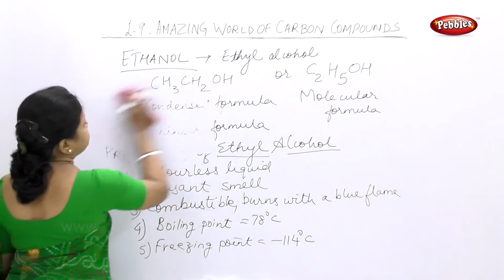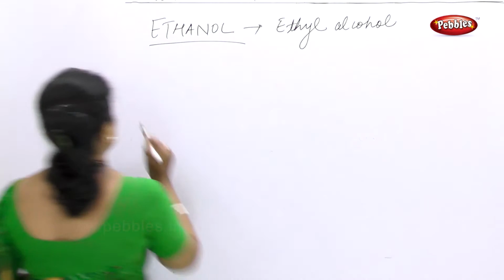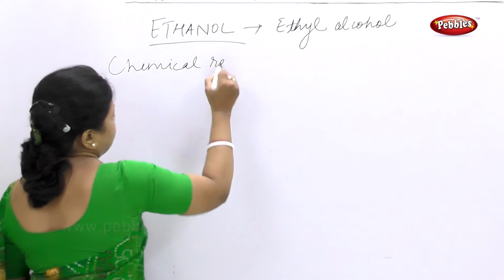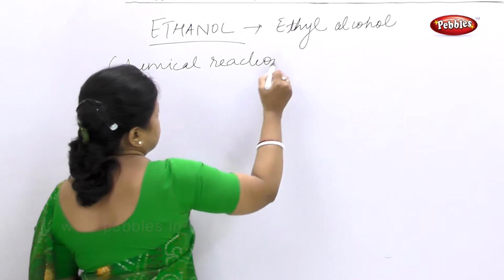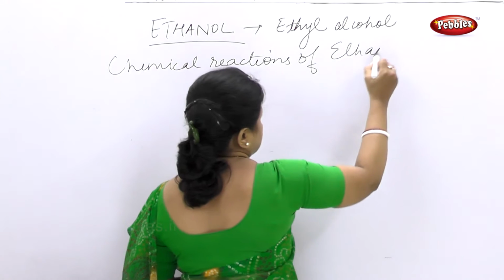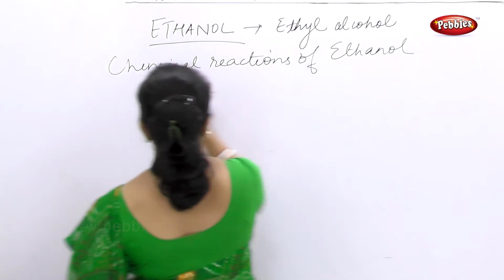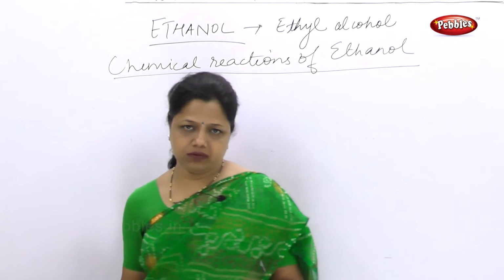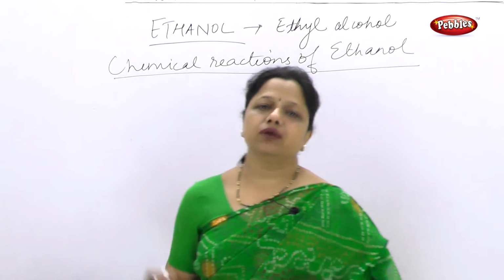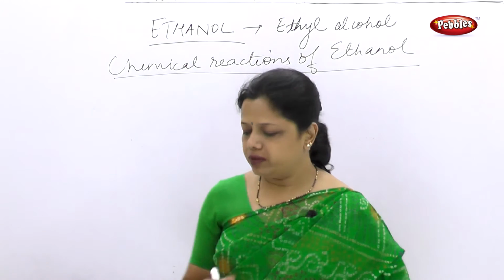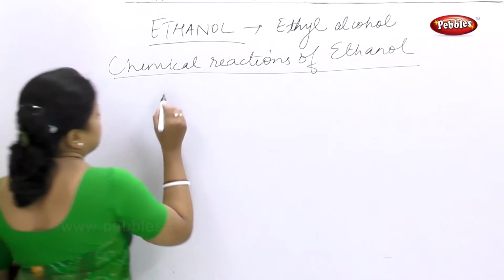So let's see the chemical reactions of ethanol. Now ethanol or alcohol, which we call C2H5OH, if I allow it to react with sodium metal, what will be the reaction? Let's see.